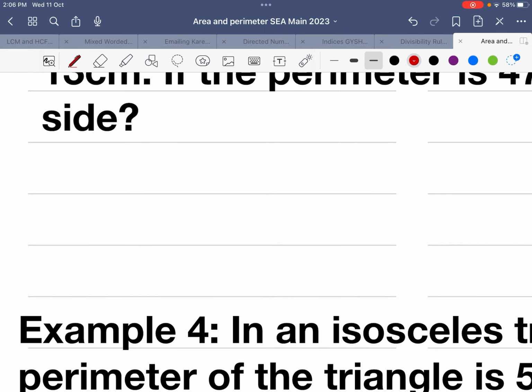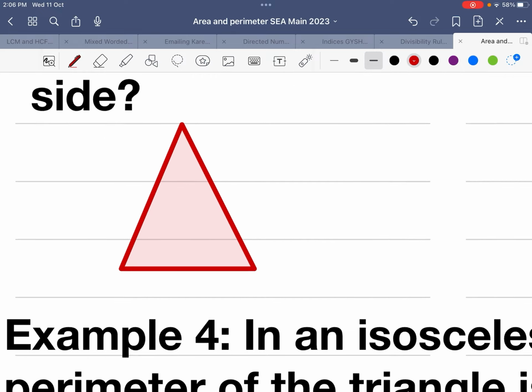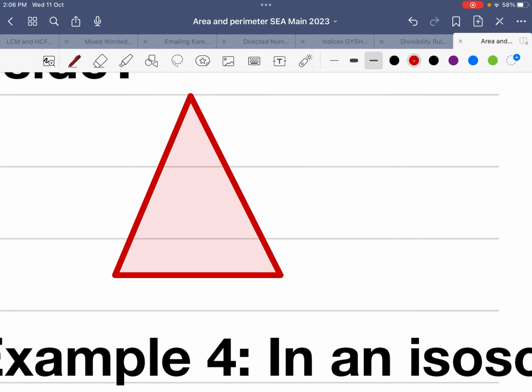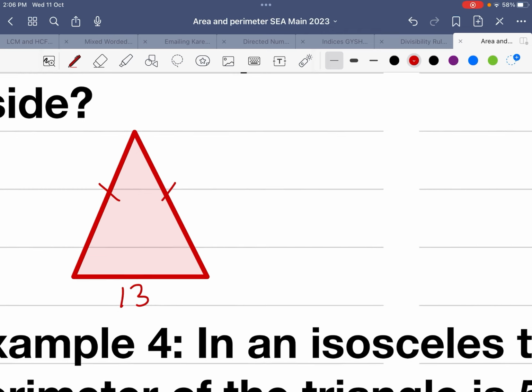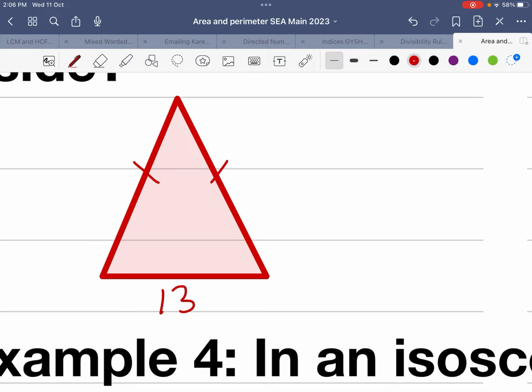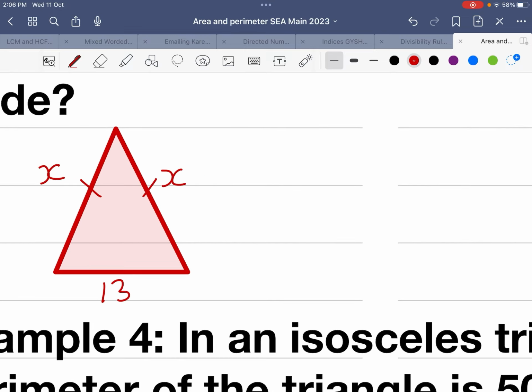So let's make a sketch. So if this side is 13, the other two sides will be equal. So let's call those sides x, since they are both the same.